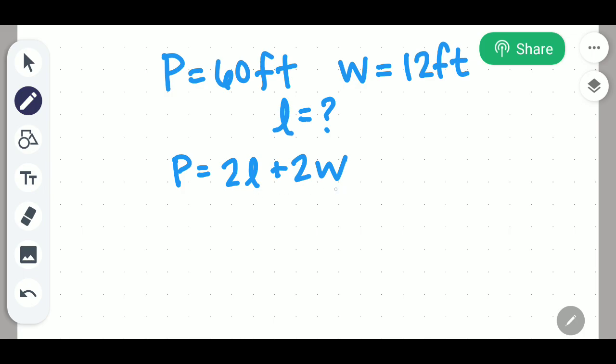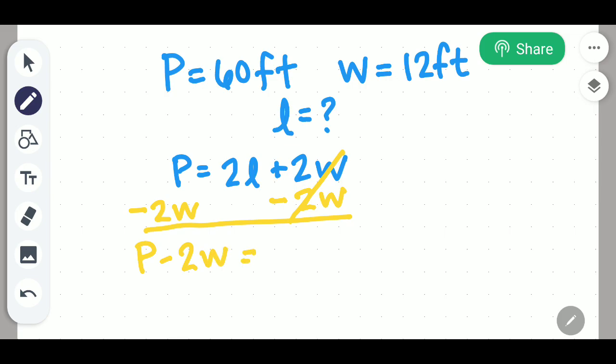The farthest thing from the L is the 2W, because the other 2 is attached. So we're going to subtract 2W. So we get P minus 2W equals 2L. Finally, L is just being multiplied by 2, so we divide by 2. So that ends up canceling out. So L equals P over 2 minus W.